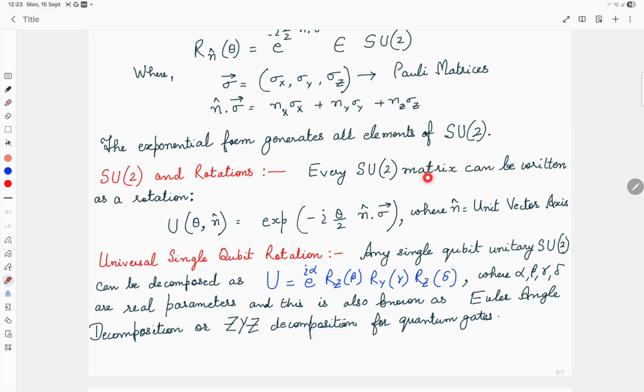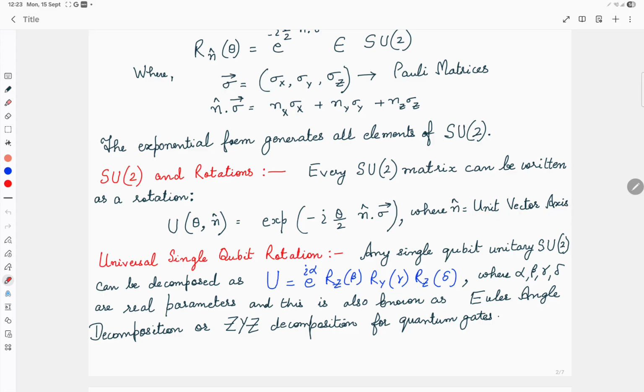Every SU2 matrix can be written as a rotation. So therefore, this U of theta comma n is the unitary matrix and it can be written as a rotation gate by method of exponentiation just now discussed, where n cap is the unit vector axis.